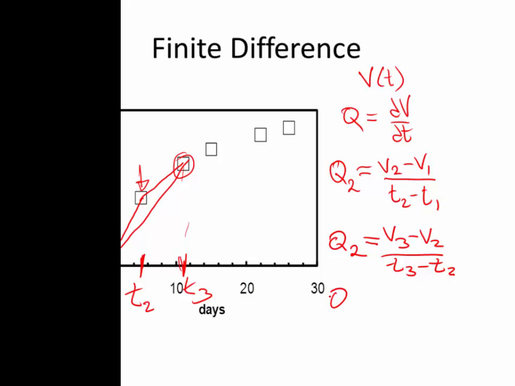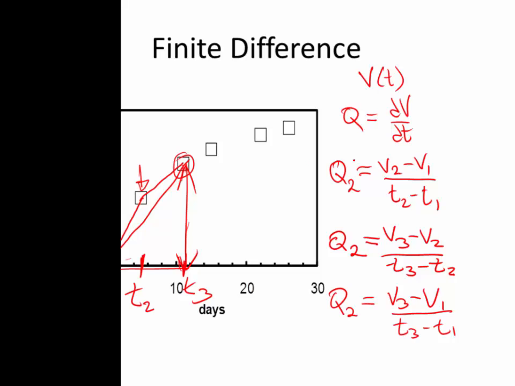And so I could say that Q2 would be V3 minus V1 divided by T3 minus T1. Okay, so those are 3 different ways that we can calculate the flow rate, the derivative at this point T2. And we're doing it just using the data itself.